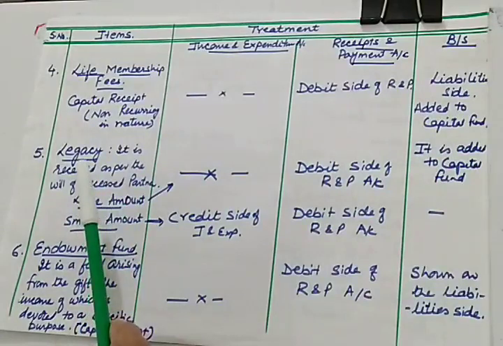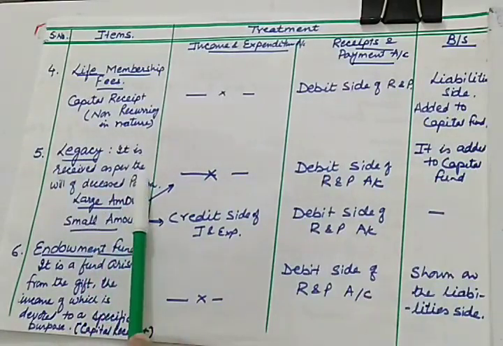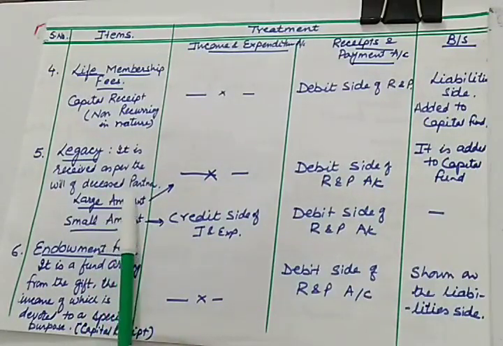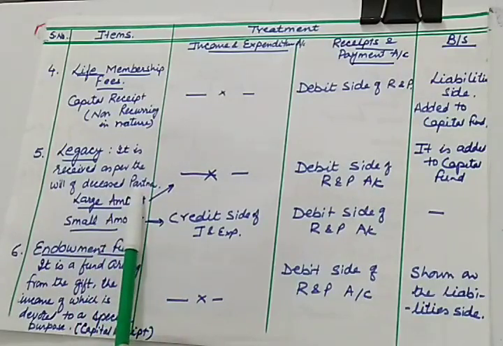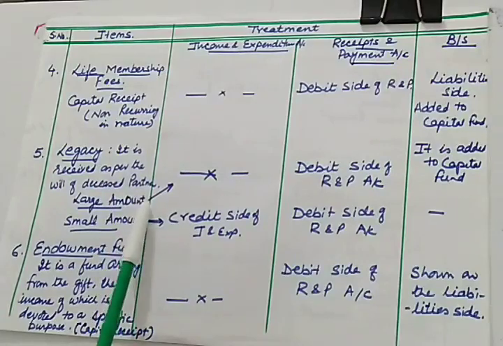Now next is legacy. It is a receipt as per the will of a deceased person. This is received by a non-profit organization according to the will. This can also be considered in two different ways.